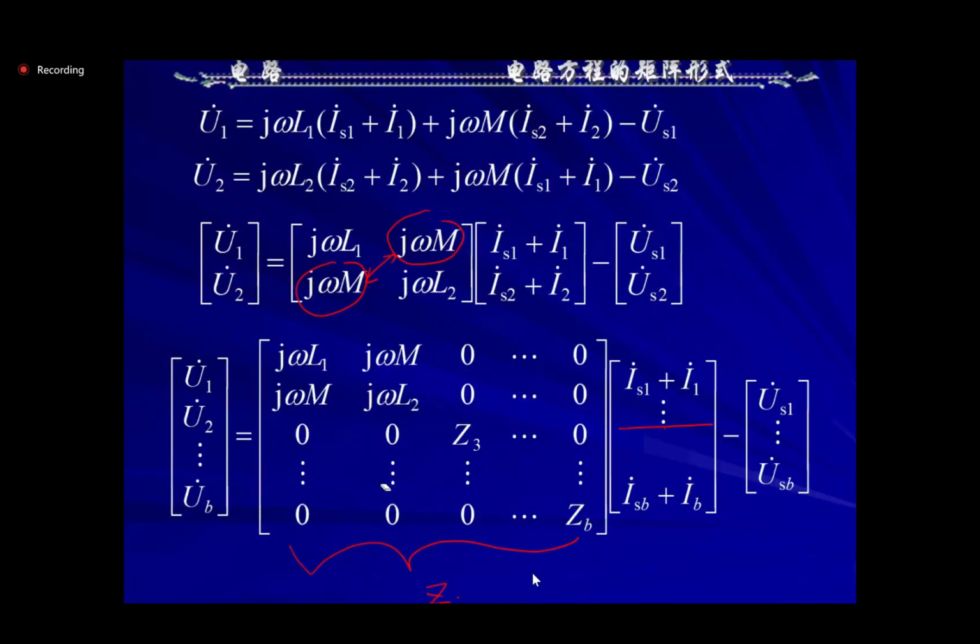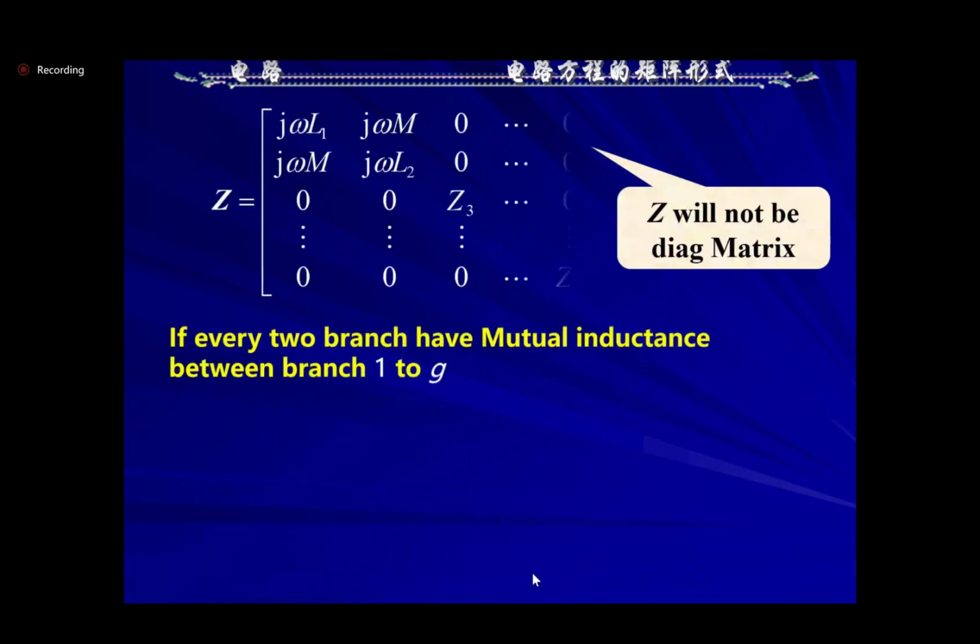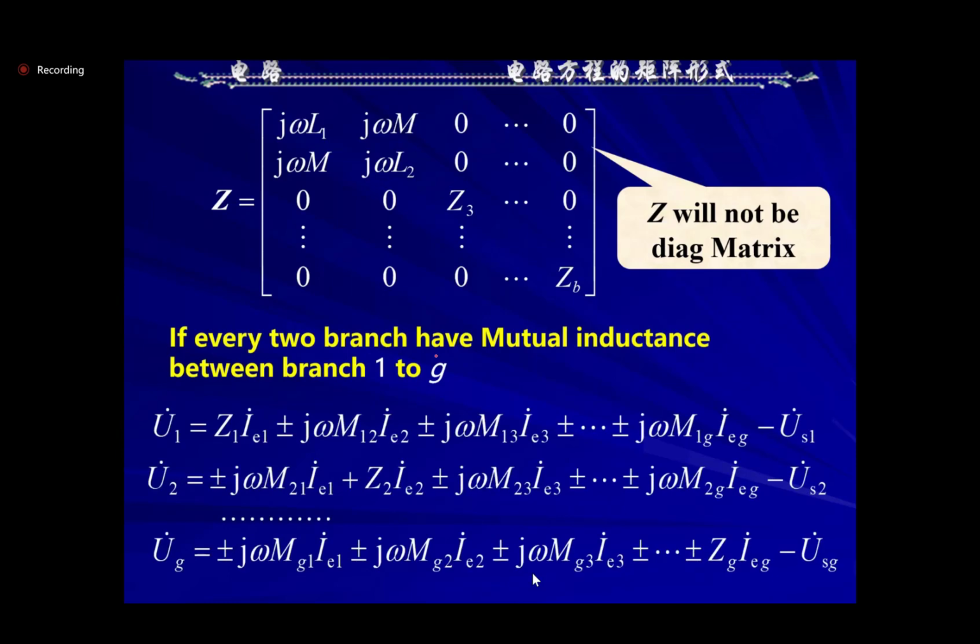So this is case 2. For case 2, if there is mutual inductance, the matrix Z will not be diagonal. If every two branches have mutual inductance, between branch 1 and branch G, the function will be complicated.